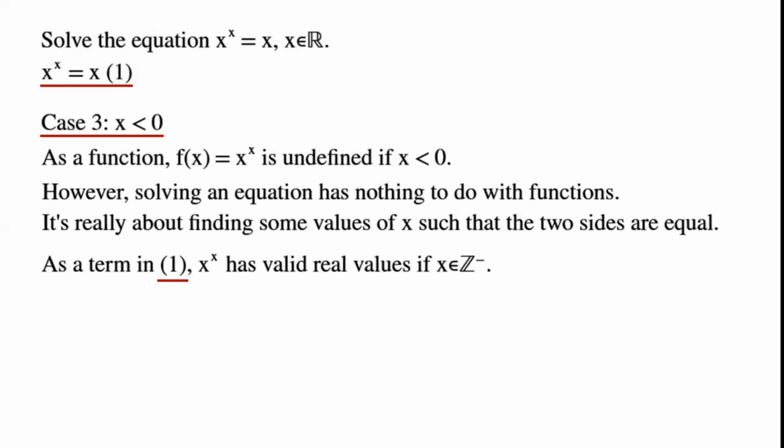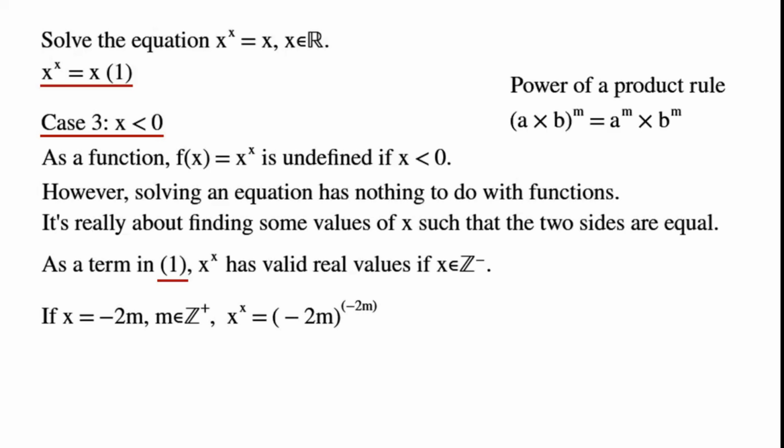As a term in equation 1, x to the power of x has valid real values if x is a negative integer. If x equals minus 2m, m is a positive integer, x to the power of x equals (minus 2m) to the power of minus 2m.